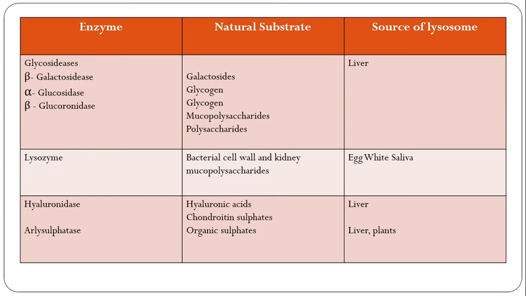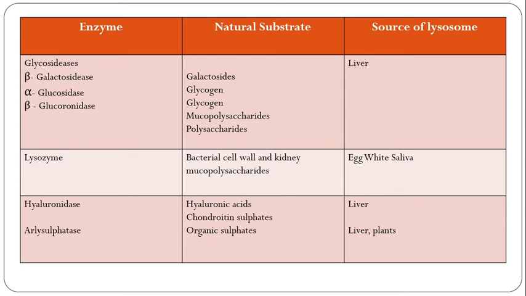Then lysozyme, whose natural substrate is bacterial cell wall and mucopolysaccharides, and the source is egg white, saliva and kidney. Then hyaluronidase, whose natural substrates are hyaluronic acid and chondroitin sulfate, with the source liver. Aryl sulfatase acts on organic sulfates, and the source of the lysosomes is liver and plants.